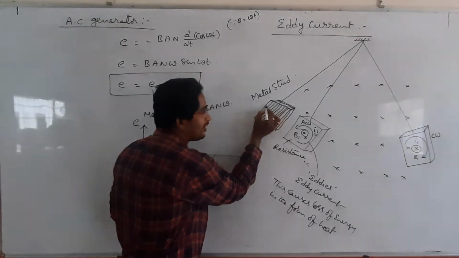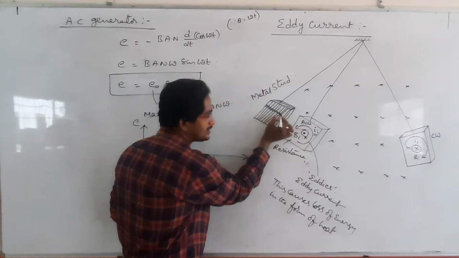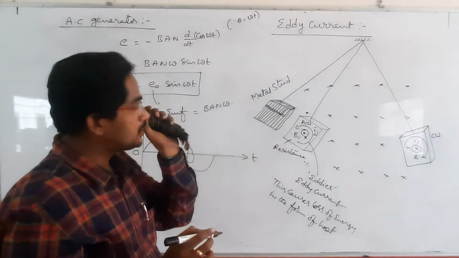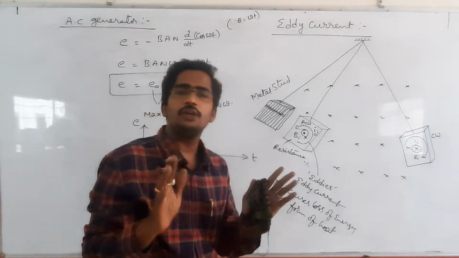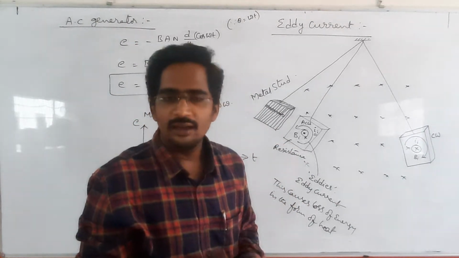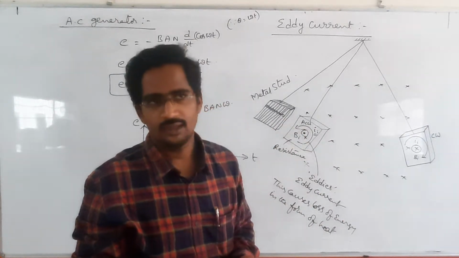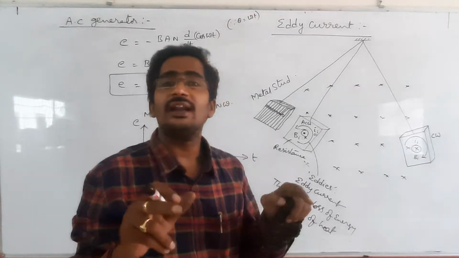By that, the current generated will be very small; eddy currents are produced on each surface of these plates. So instead of using a single metal stud, it is better to use a laminated metal core or stud for reducing the effect of eddy currents. If the eddy current production is reduced, loss of energy will reduce.